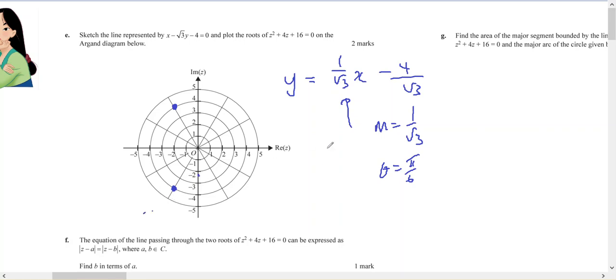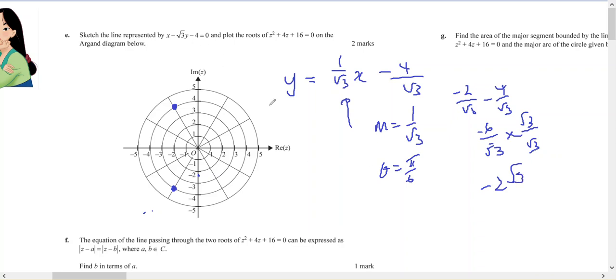So I'll just double check that. When x equals -2, I'm going to have -2 on root 3 minus 4 on root 3, which gives -6 on root 3, which times root 3 on root 3 is -2 root 3.